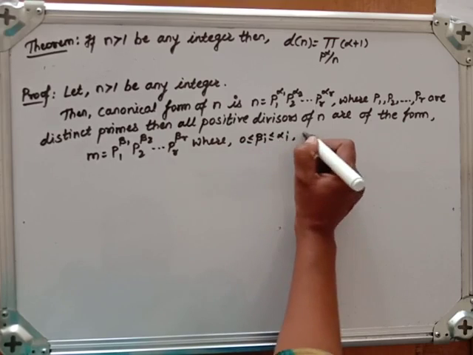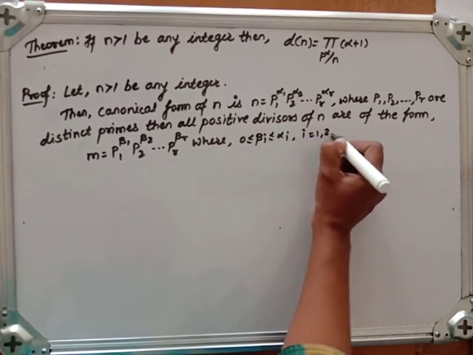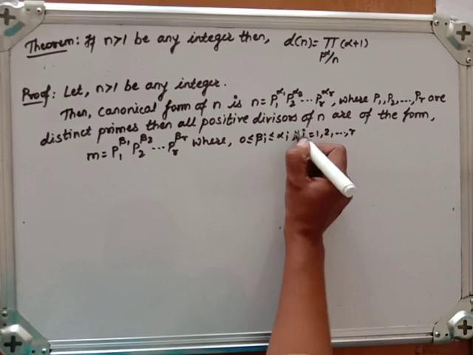Alpha i, where i goes from 1 up to r. This is for all i.